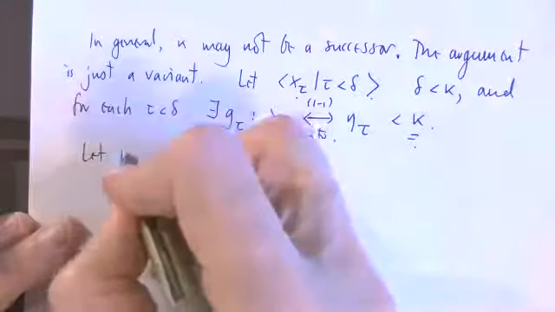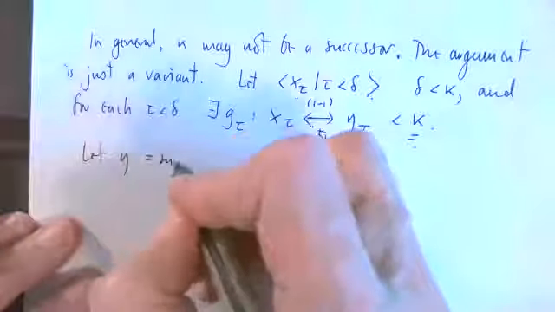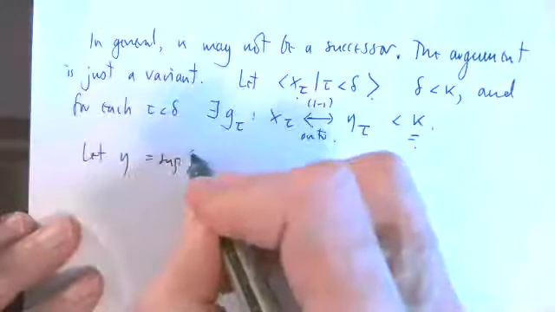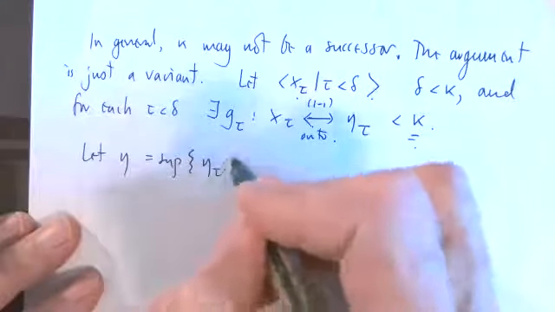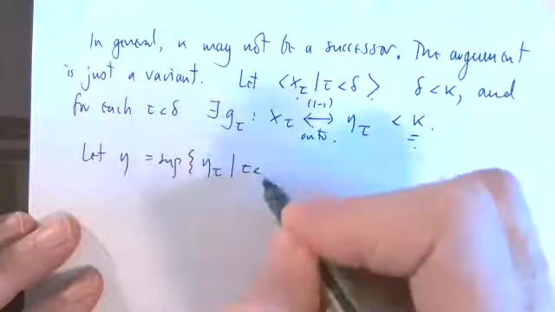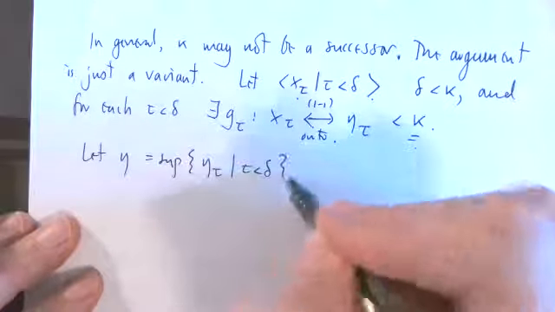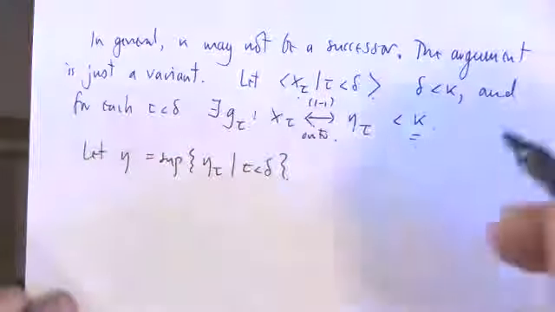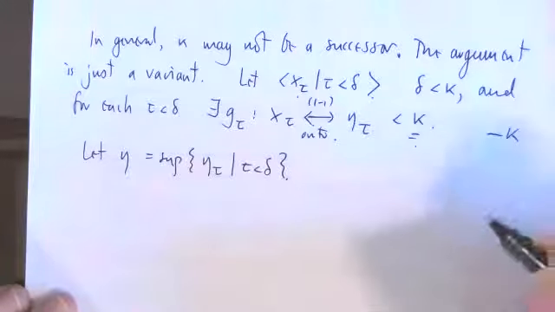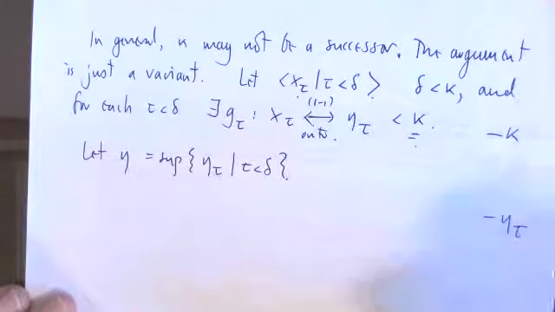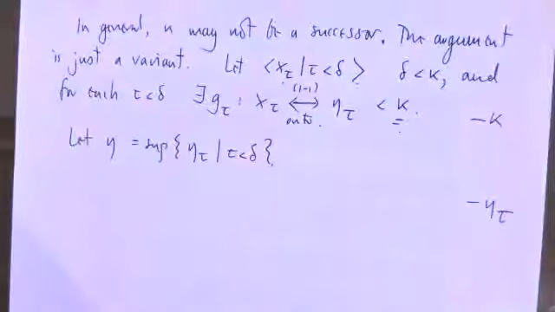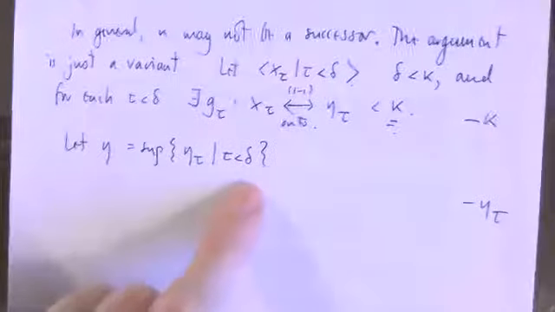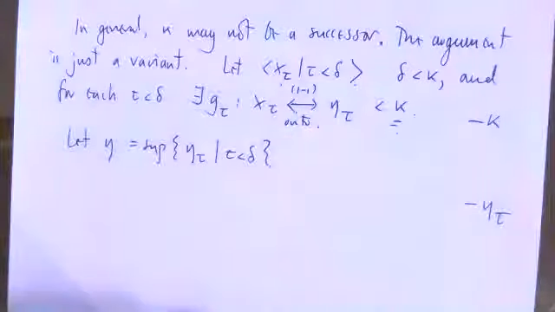So I'll say let eta be the supremum of the eta taus. All right, so the delta many of these. Here's kappa. Here's a typical eta tau down here. But there's not many of them. There's less than kappa of them.